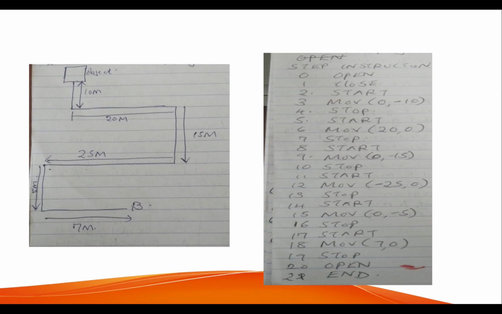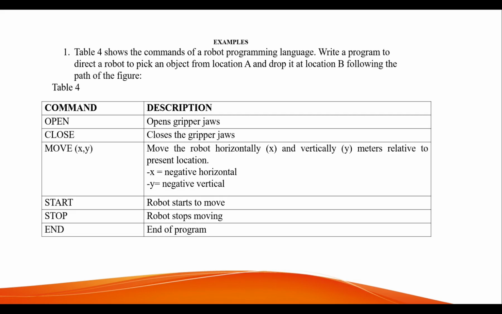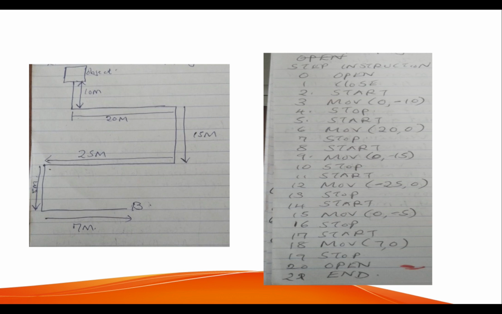And remember, for the movement of a robot, if you look at this table, it's written XY. So you also have to indicate the movement in coordinate form, which is XY. If you look at the 10 meters, it is affecting the Y axis, and we are moving downwards.